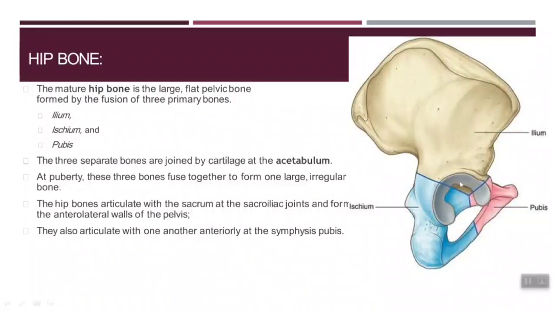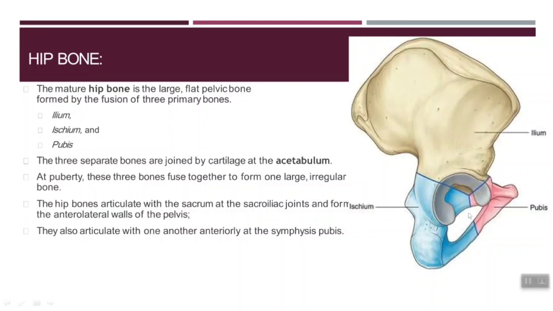At the floor of the acetabulum, you can find a Y-shaped cartilage during the embryonic period. After a short time this cartilage disappears and these three parts fuse to each other, and you cannot detect the border of them.